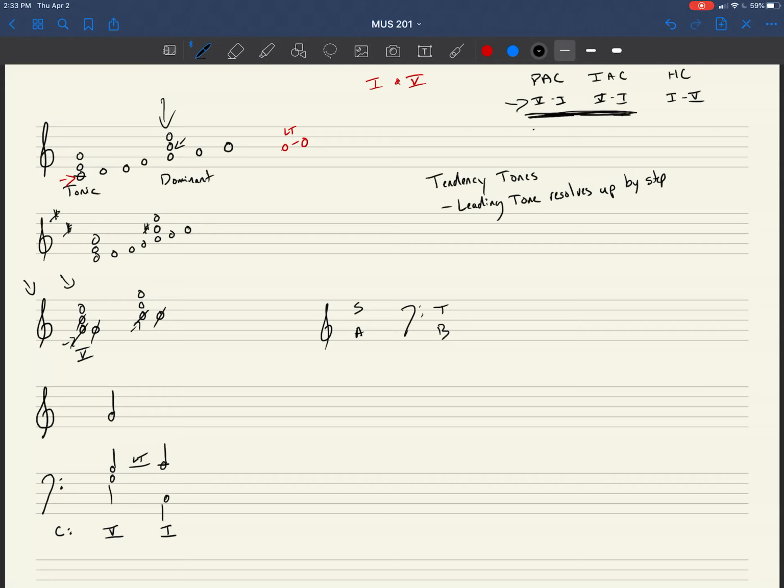But you also have to have scale degree 7 moving to scale degree 1 for it to be a perfect authentic cadence. An imperfect authentic cadence will basically either have the 3rd or the 5th of the chord in the soprano. So we'll get to the imperfect authentic cadence in a minute. But this is what makes a perfect authentic cadence. You got 5-1 in the bass and 7-1 in the soprano.